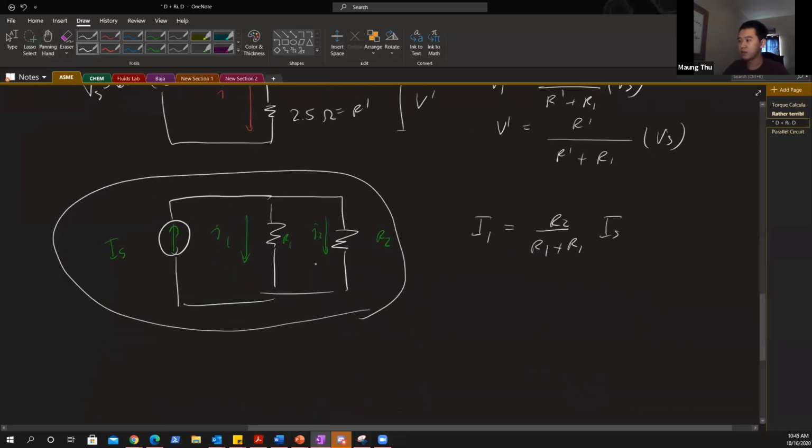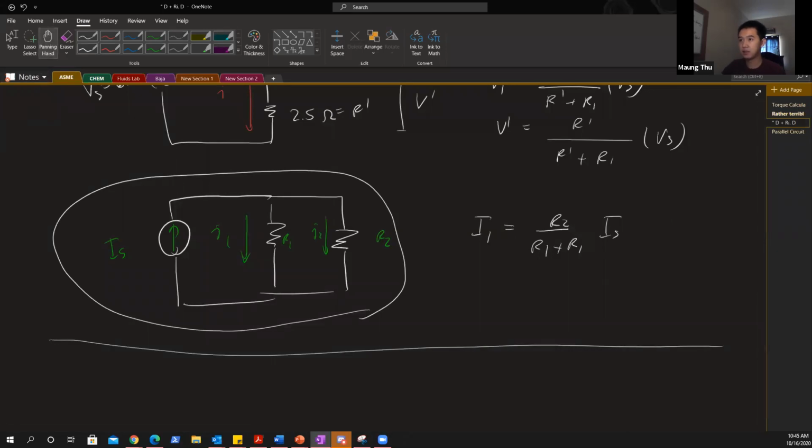Over here it is the opposite. If you want to find the current of R1, you need to have R2 as your numerator, and vice versa, okay? So these are the methods and tools you can use to analyze circuits.